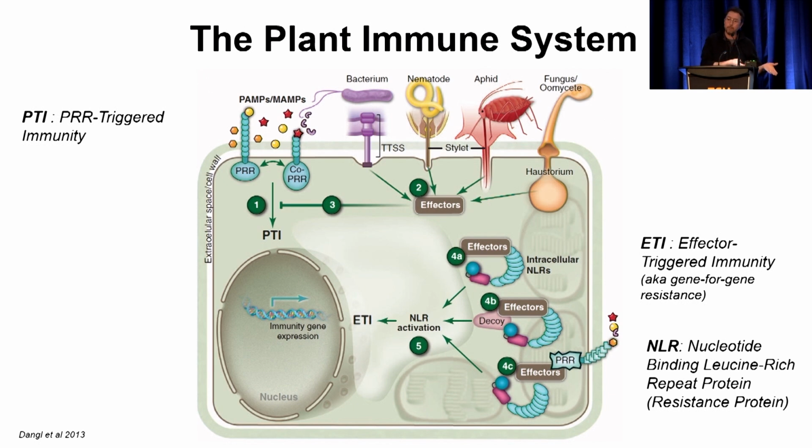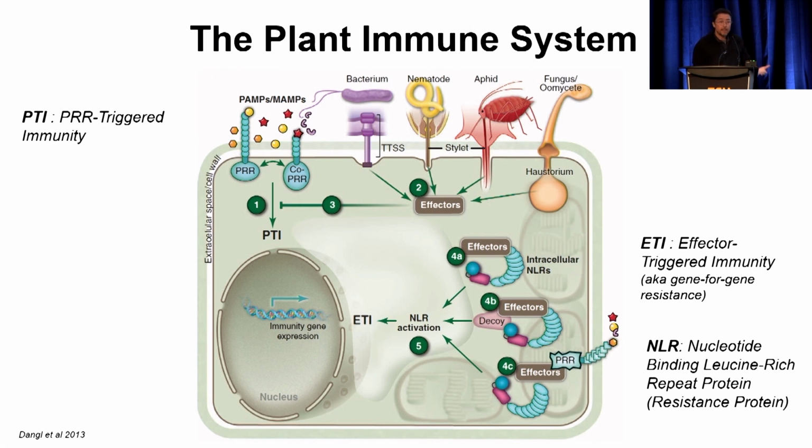I talked about the type 3 secretion system, the needle, but insect pathogens, fungal pathogens, and oomycete pathogens all have their own ways of injecting effectors into host plants. And one of their major functions is to block that basal level of immunity. So they can suppress that layer very effectively and allow pathogens to cause disease inside the plant.